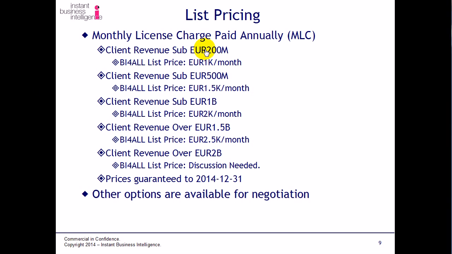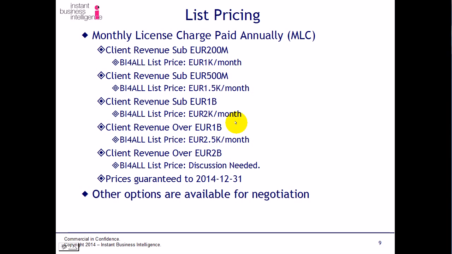But depending on the size of your company, if you're a small company, you can license BI4ALL for 1,000 euros per month, 12,000 euros per year. It's a rounding error. That's less than 1/3 of a salary per year you license BI4ALL for. So you can license BI4ALL for a small company at 1,000 euros per month, and then the breaks over 500, sub 1 billion, over 1 billion, over 1.5 billion, over 2 billion.